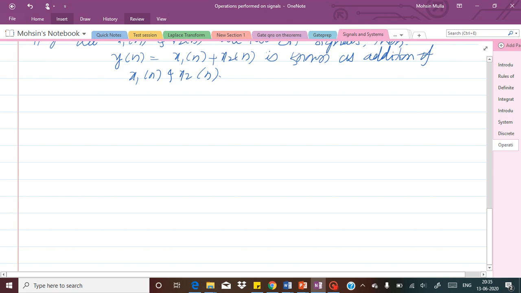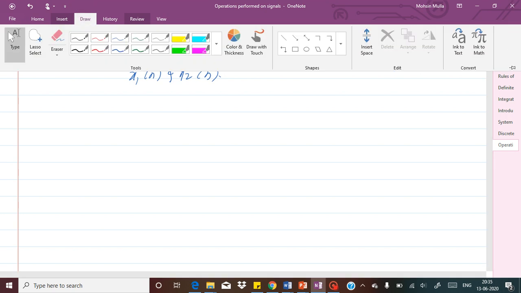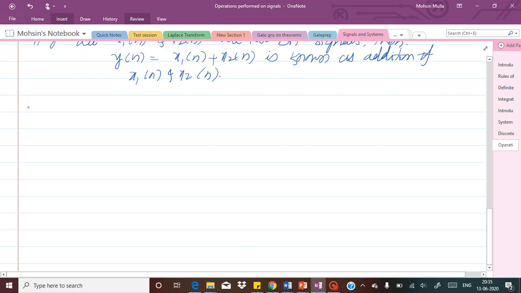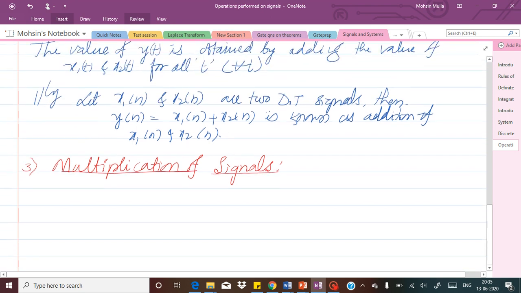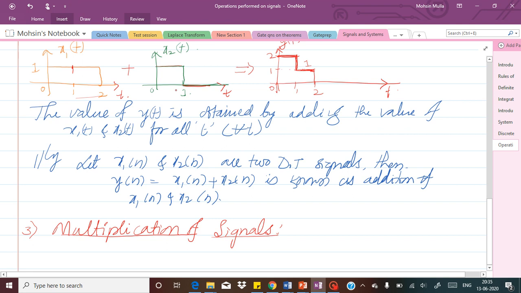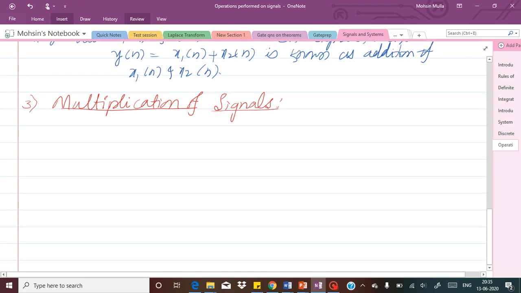Similarly we can have the multiplication operation of two signals. So let me take the third type, multiplication of signals. Here I am going to use an example with only two signals, but it is applicable for any number of signals.